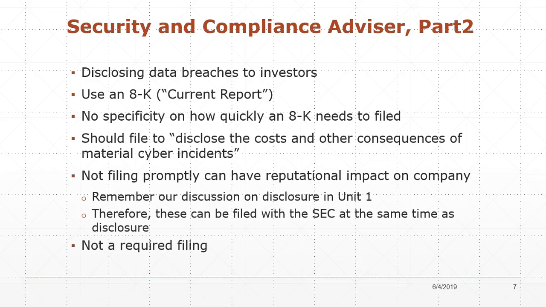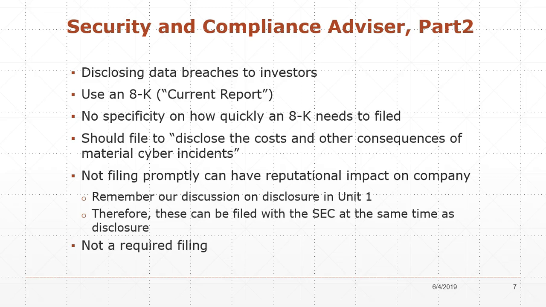So if you have somebody knocking on your door looking for open ports, etc., you're not going to report those in an 8K. But if somebody comes in and steals 100,000 credit card records, you'll certainly disclose that in an 8K.